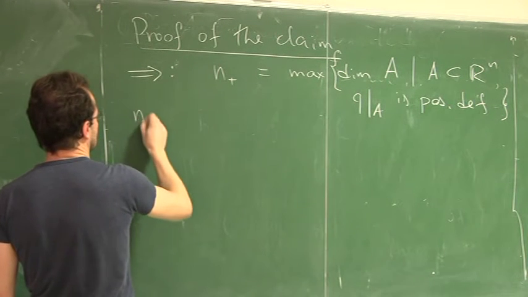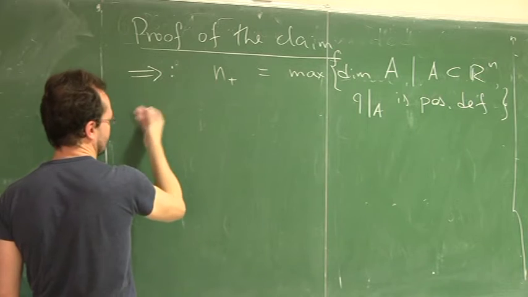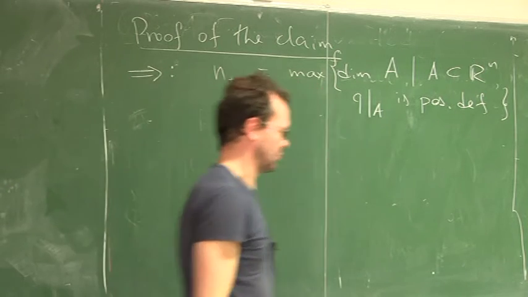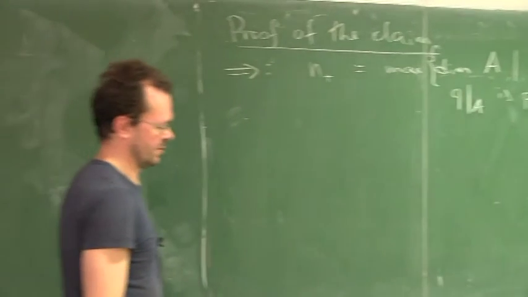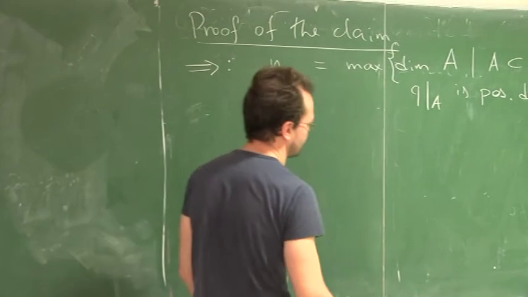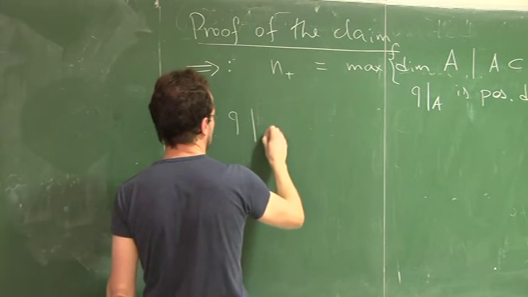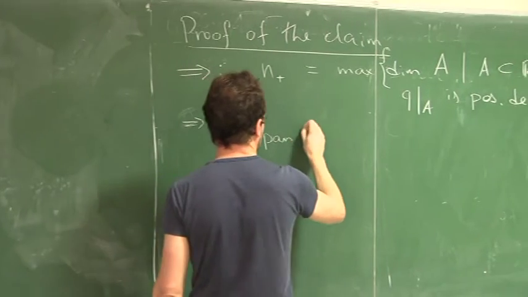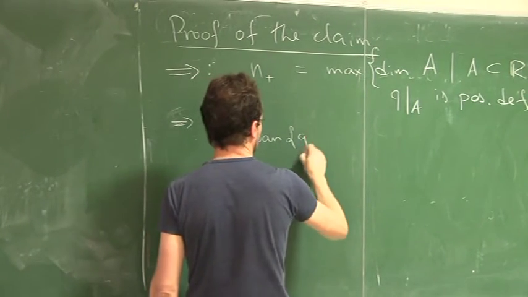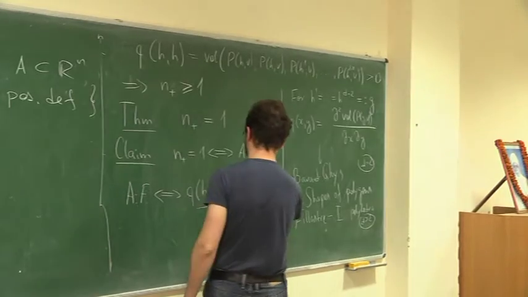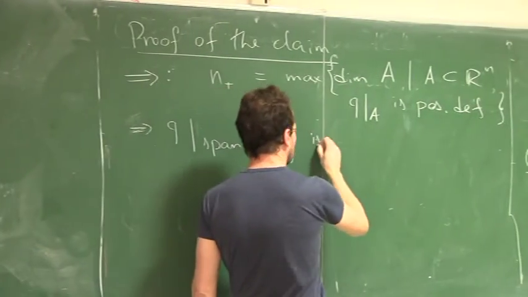So if n plus is equal to 1, then there are no two-dimensional subspaces in which the form is positive definite. In particular, Q restricted to the linear span of g and h is not positive definite.